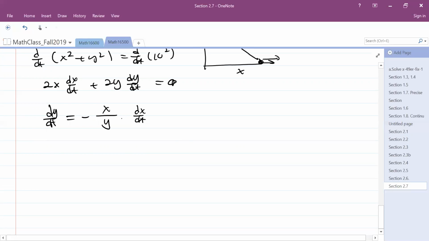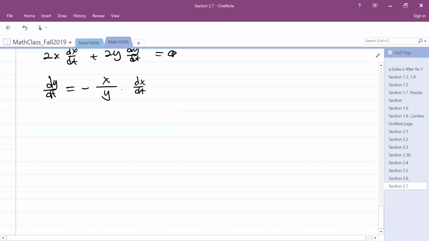It could be a lot, maybe larger than your backyard, even if the radius of the Earth only increases by 1 millimeter. So we can do this kind of calculation. We want to know the rate of change of the surface area with respect to the radius.